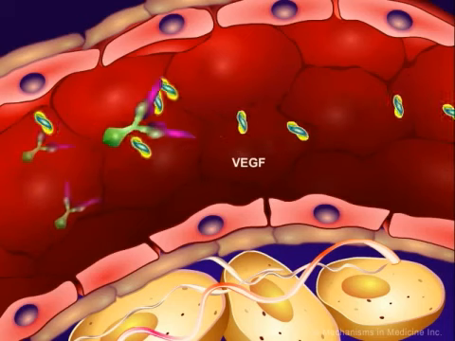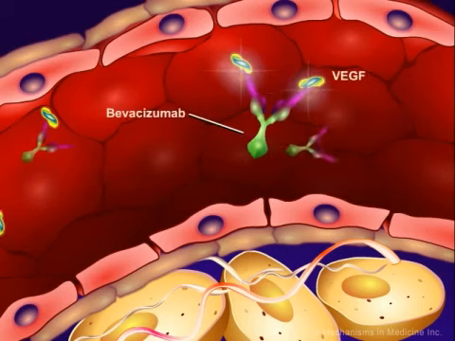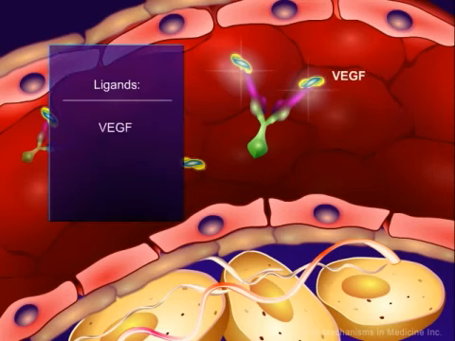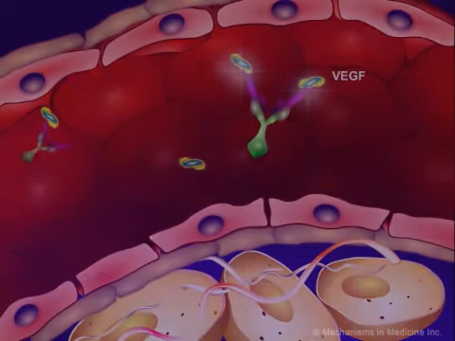An example of this is bevacizumab, or Avastin, which is a humanized monoclonal antibody that targets circulating vascular endothelial growth factor, or VEGF. Platelet-derived growth factor, or PDGF, and fibroblast growth factor, or FGF, are other examples of ligands that can be targeted for different cells in the body.